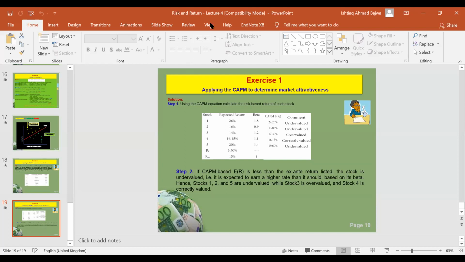Chapter is done. I will now share with you the Excel exercise. Do you find the exercise for Excel? Yeah, it's in Blackboard. If we do it together, that will be quite useful.